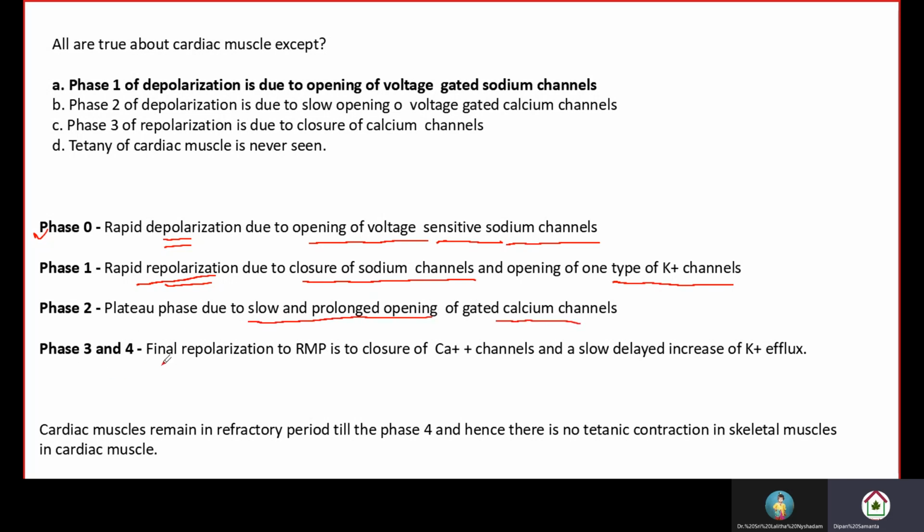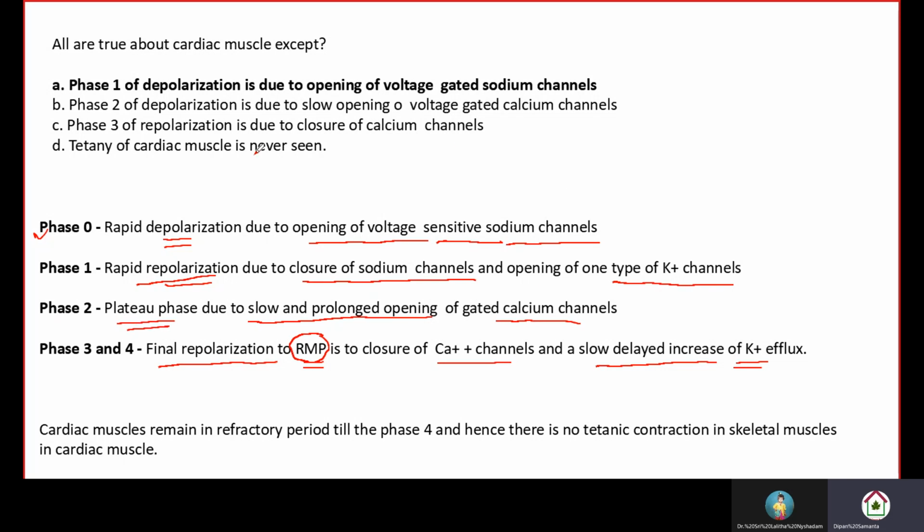Phase 3 and 4, final repolarization to resting membrane potential, is due to closure of calcium channels and slow delayed increase of potassium efflux. Increase of potassium efflux starts from phase 4. And phase 3 and 4 is final repolarization to RMP, resting membrane potential. And phase 2 is the plateau phase.